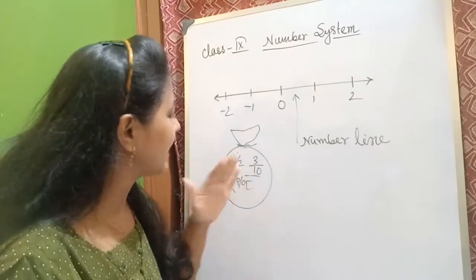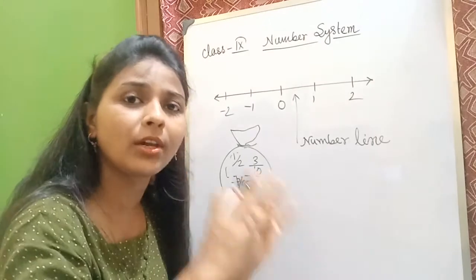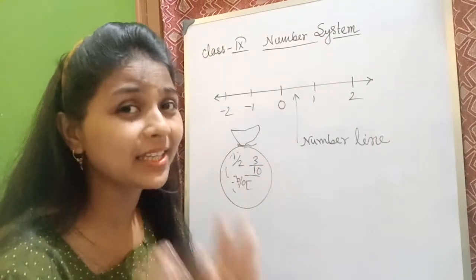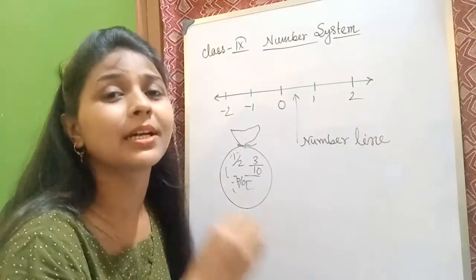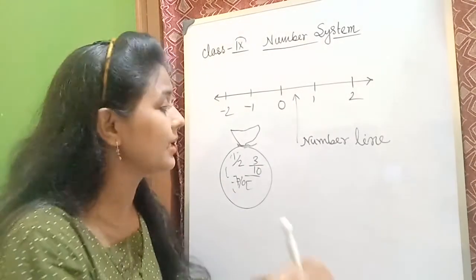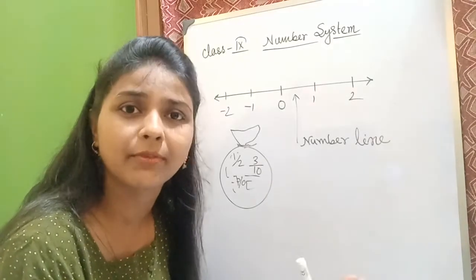Eventually the whole bag is full of all rational numbers and irrational numbers, and there will be no number left. Okay, in our real world there will be no number left.